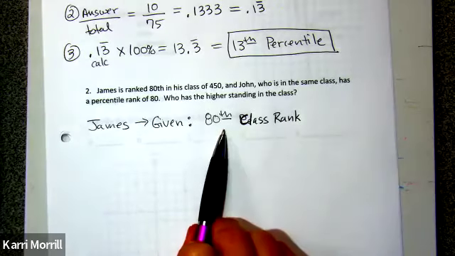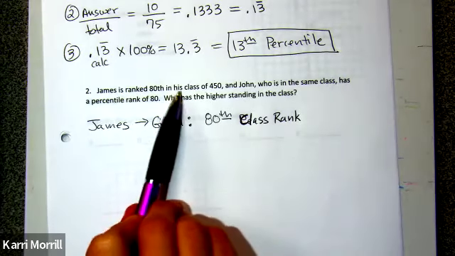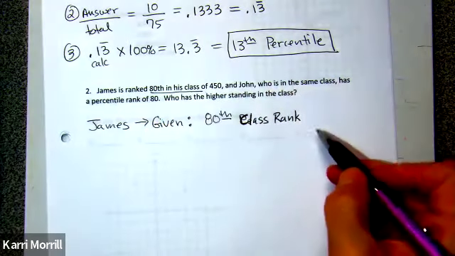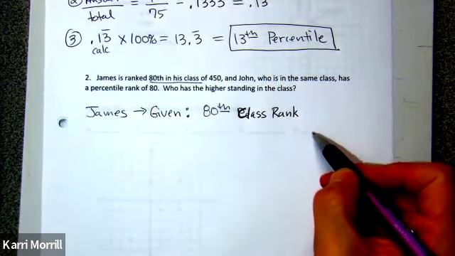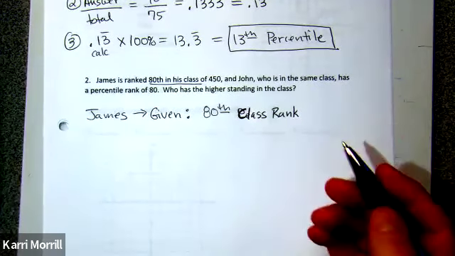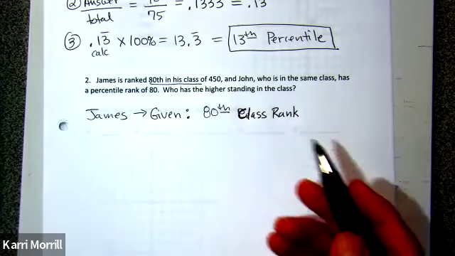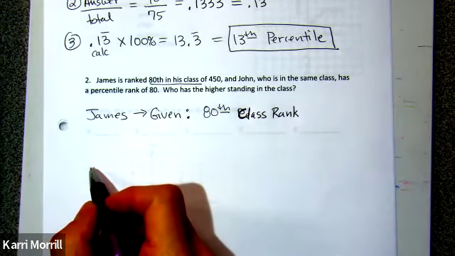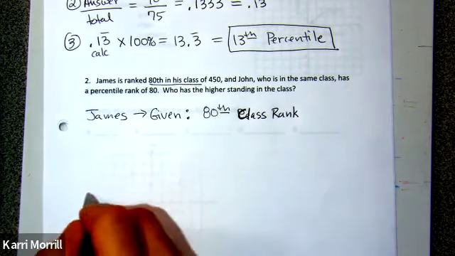So if he is 80th in his class, this is a class ranking. Remember, class ranking was smaller is better, right? So if we want to, we could turn it into percentile rank to compare to John.